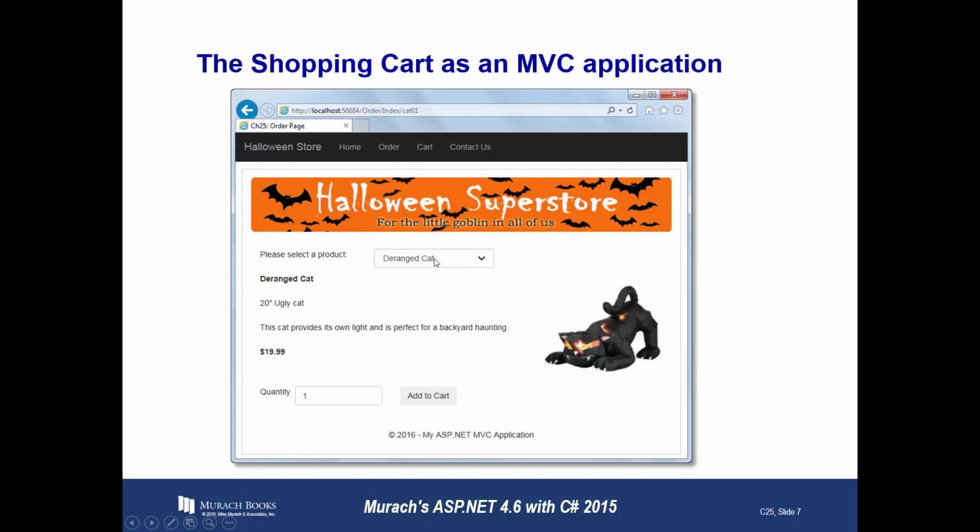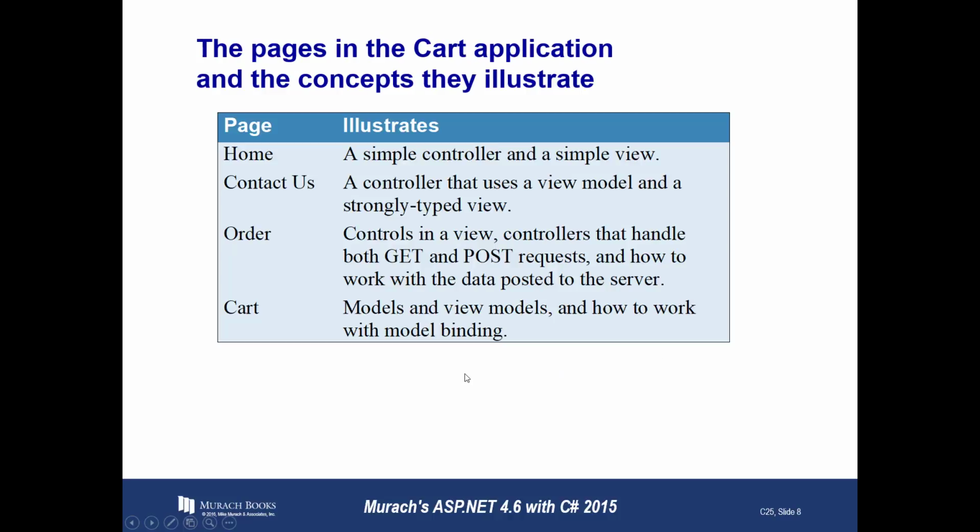So if we choose Deranged Cat, it'll give us the title, a short description, a long description, and the price, plus an image. Then, in addition to the label for please select a product, we add a label for quantity, and we allow the user to buy one or more of these Deranged Cats and add them to their cart.